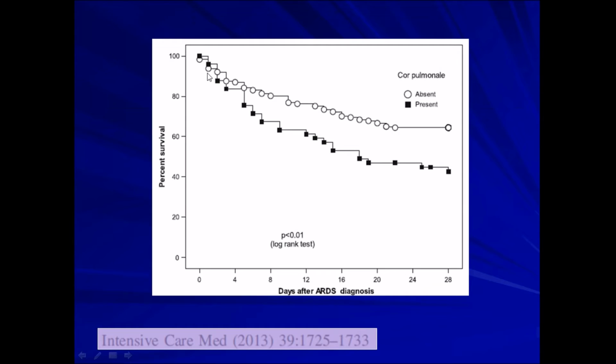When they compared the mortality, you see this group is ARDS without cor pulmonale, and this group is ARDS with cor pulmonale. So apparently the mortality is higher with cor pulmonale, and it's statistically significant.